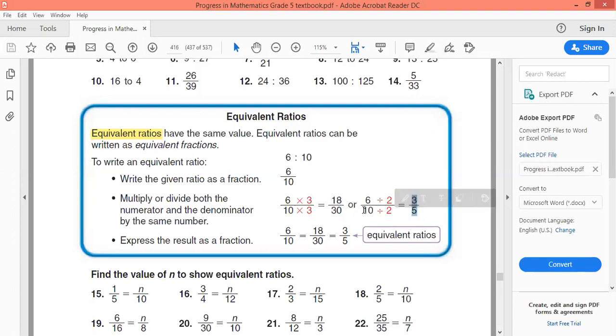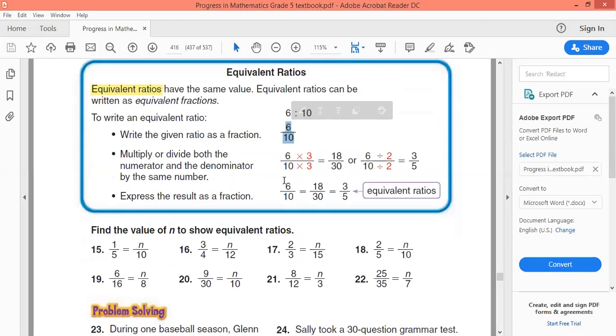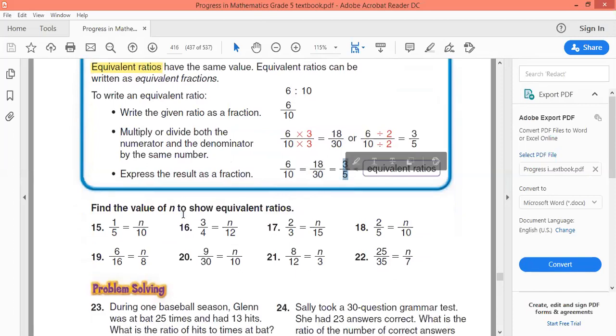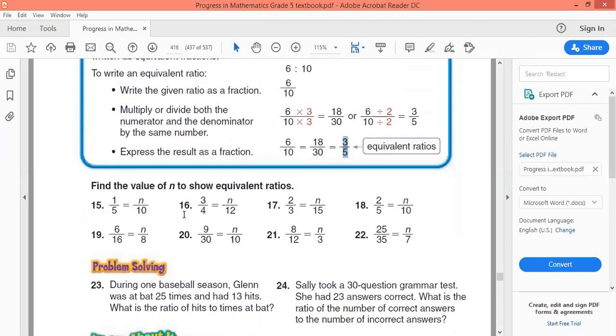These are two equivalent ratios of 6 over 10. So you can say that 6 over 10 is equal to 18 over 30, or it's also equal to 3 over 5. Now we will find the equivalent ratios. Here it's given to you. You will check whether they multiplied or divided, then we will find the missing one.